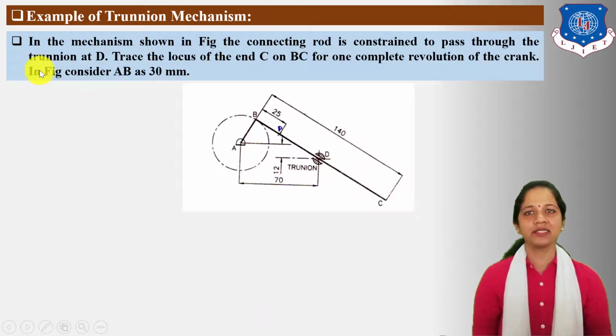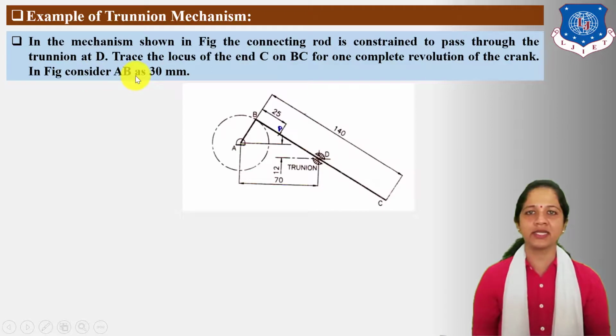Next, let us understand example of Trunnion mechanism. In the mechanism shown in figure, the connecting rod is constrained to pass through the trunnion at D. Trace the locus of the end C on BC for one complete revolution of the crank.